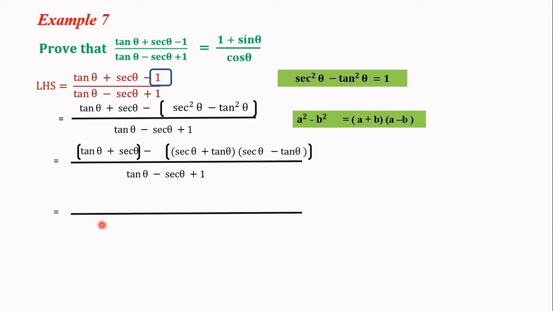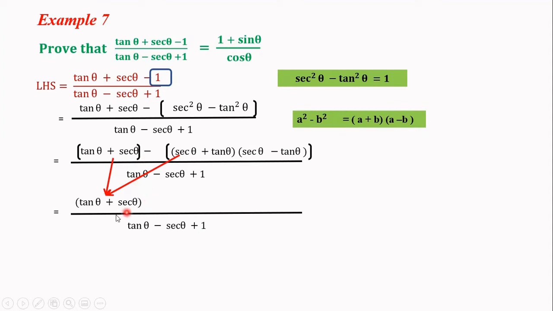Now, another step, again denominator same. In the numerator, we have altogether two terms. First term consists of this bracket tan theta plus sec theta, and minus is here to separate this second term. Now, from both of these terms, we have tan theta plus sec theta common.